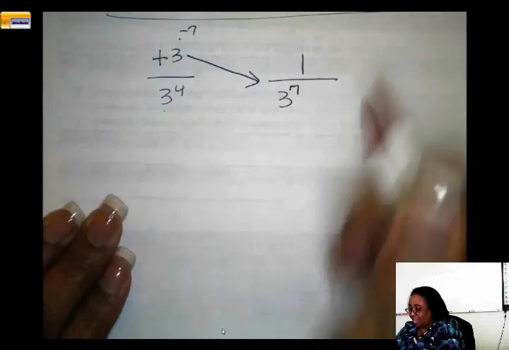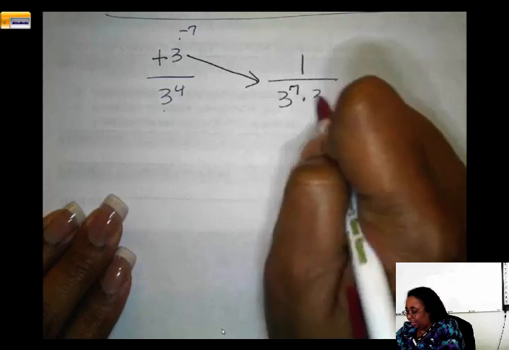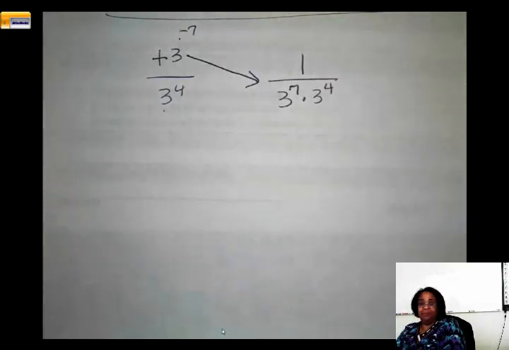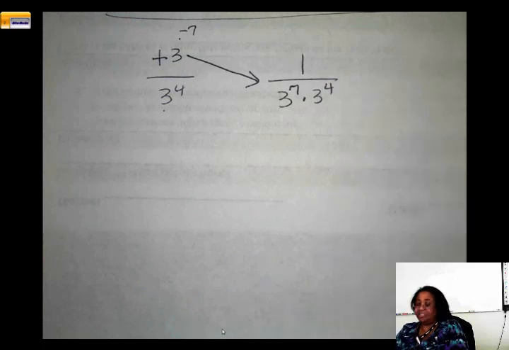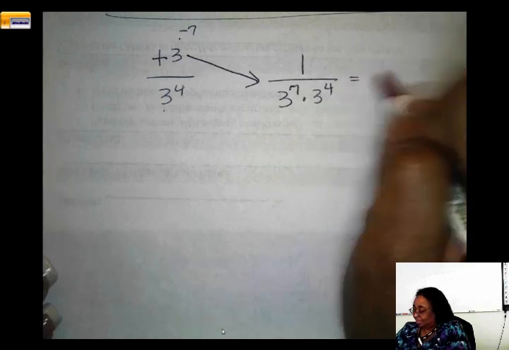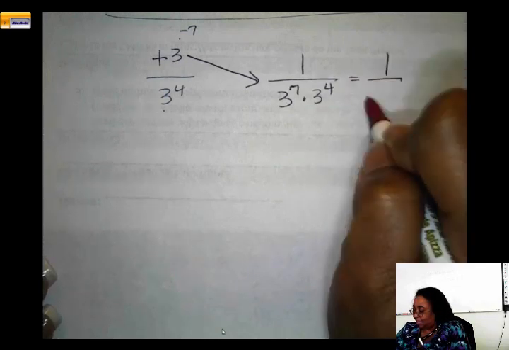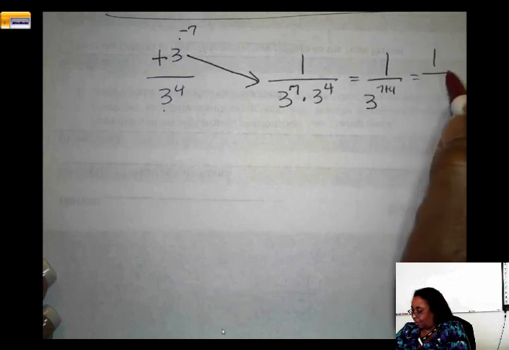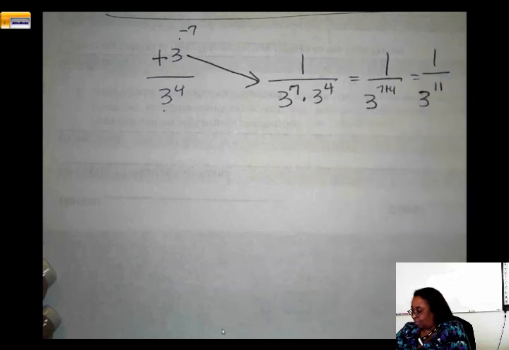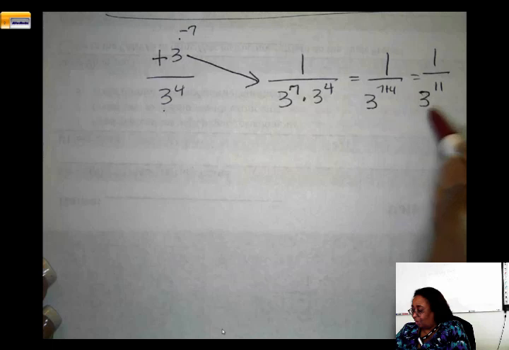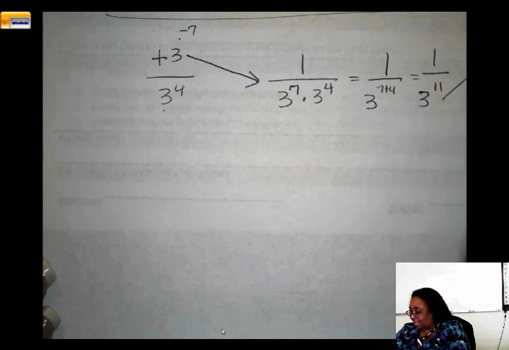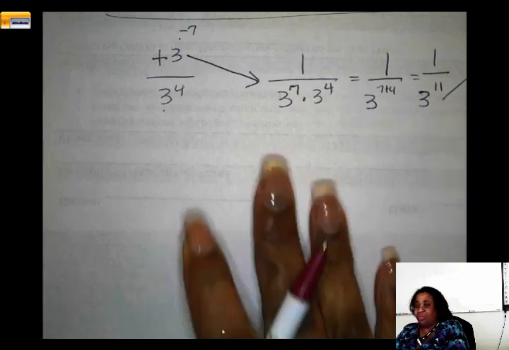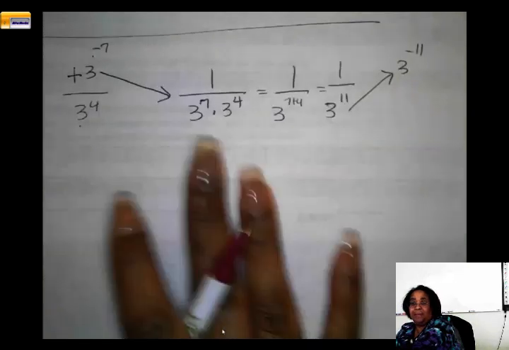And I still have the 3 to the 4 here. This way I don't have any negatives, because sometimes they might ask you to give the answer with no negatives. Isn't this the same as 1 over 3 to the 7 plus 4, or 1 over 3 to the 11? 1 over 3 to the 11 is the same as 3 to the negative 11. Those guys are the same.